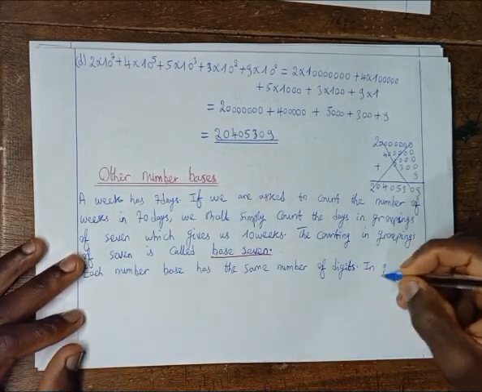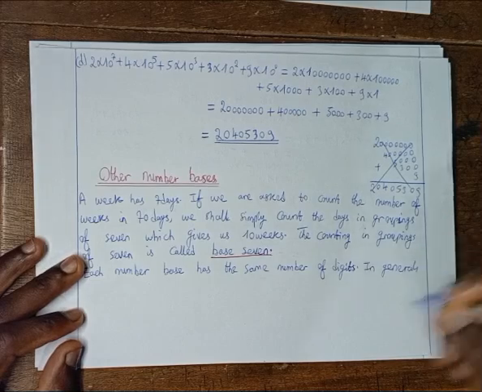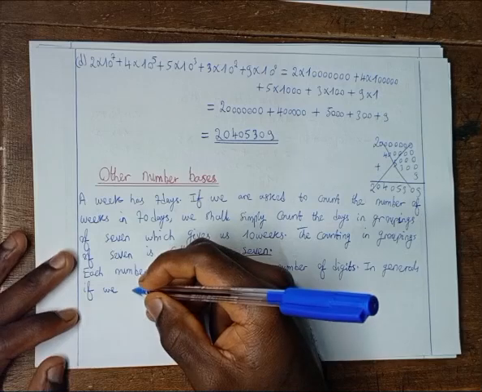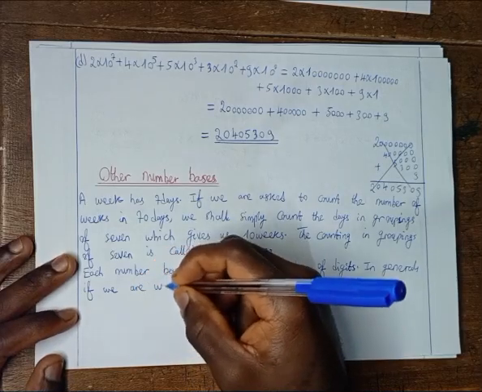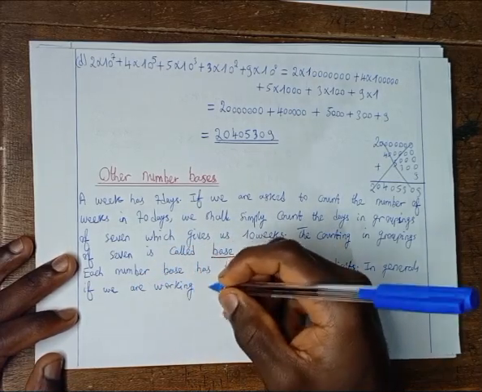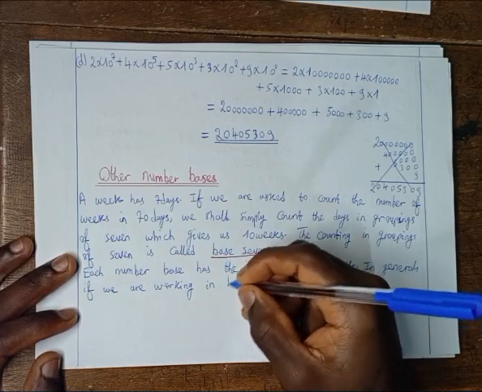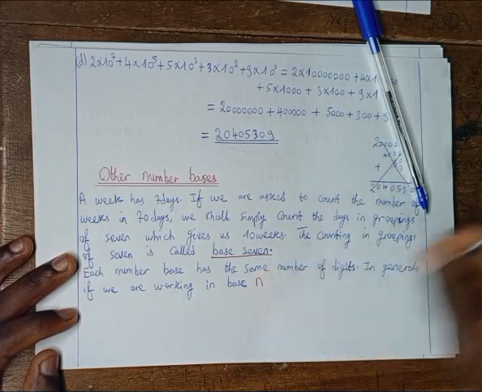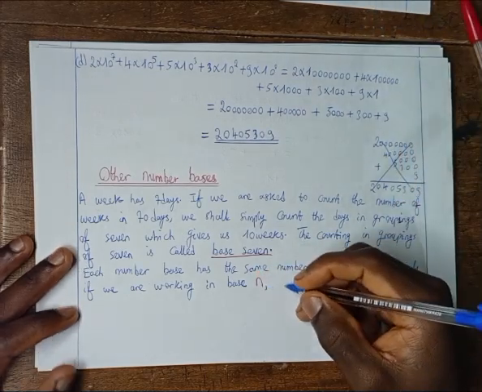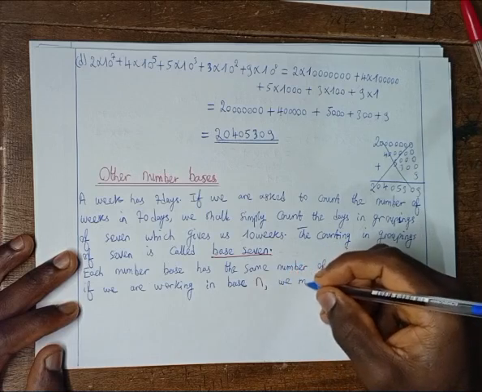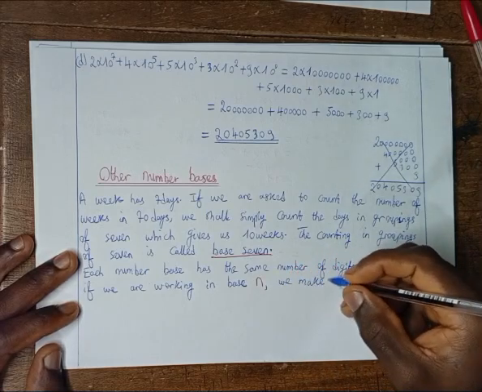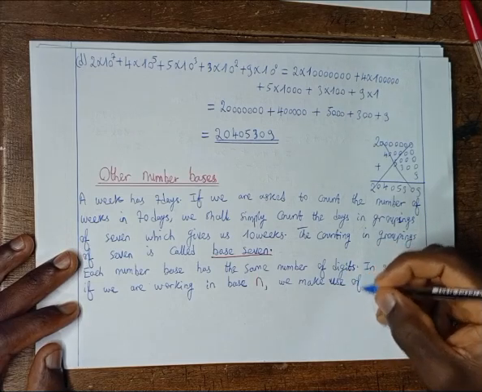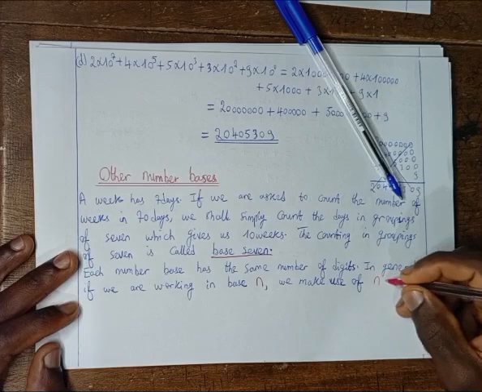In general, if we are working in base n, we make use of n digits.